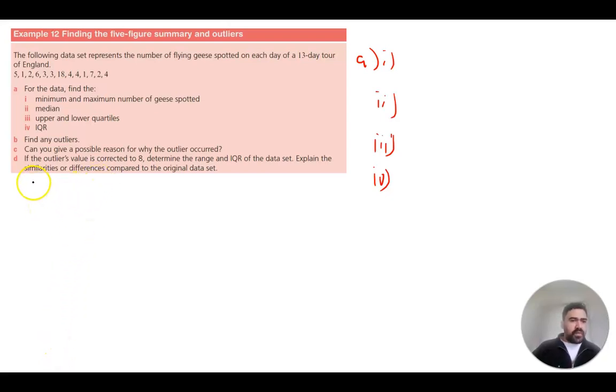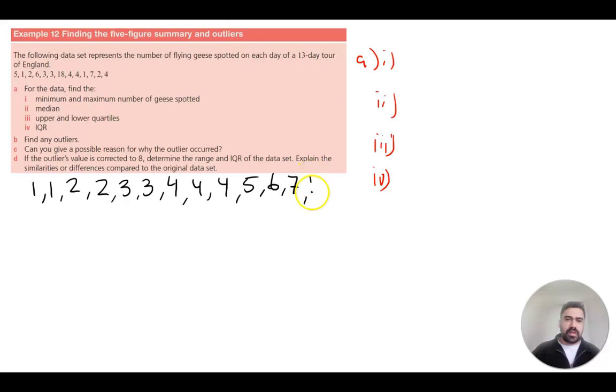If you haven't done so yet, you've got to make sure that this is put in order from smallest to largest, because the data in the set isn't. When we put this in order, all of a sudden we can see something's going on here. It might be an obvious outlier to some.